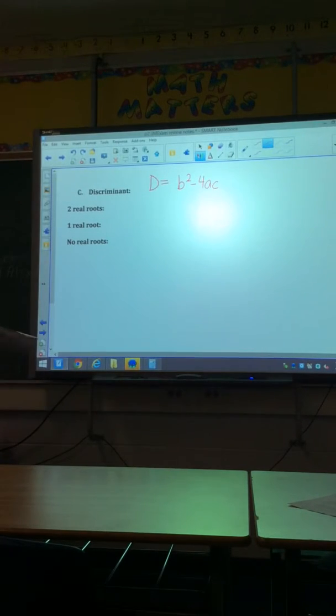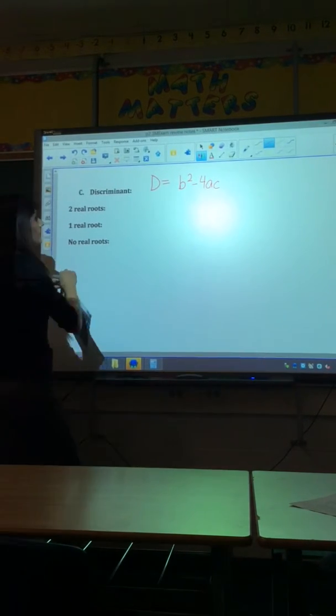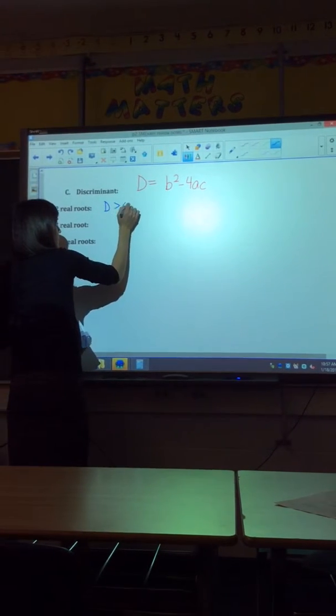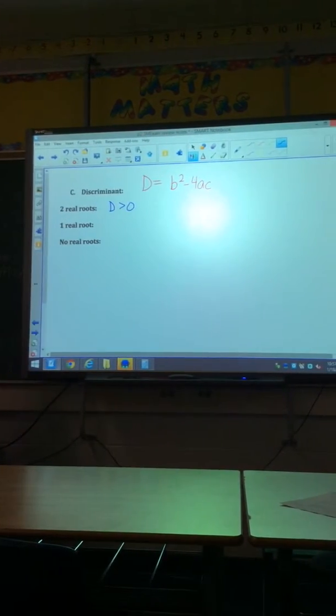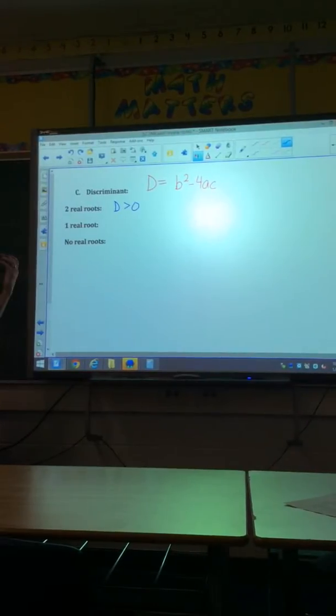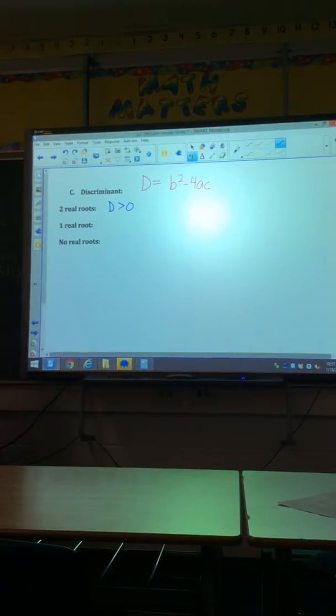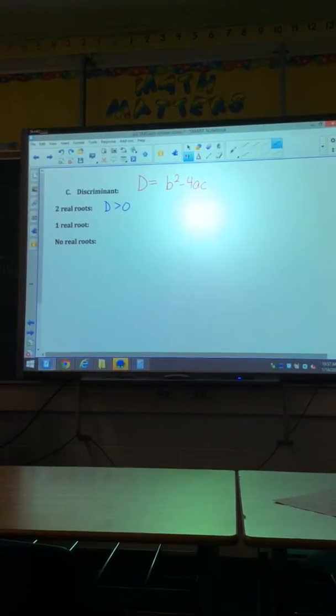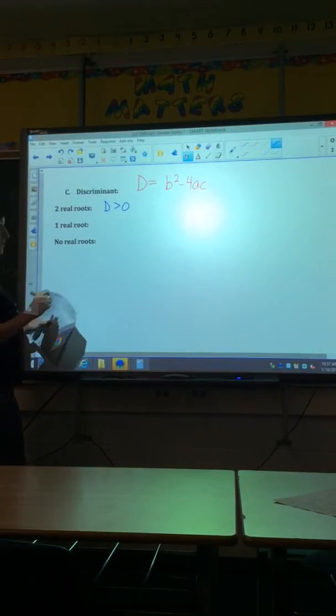That's the discriminant. If you work it out, and your discriminant is a positive number, greater than 0, what does that mean? If you get a number like 16, what would that mean about the parabola? How many roots does it have? 2 real roots, right?